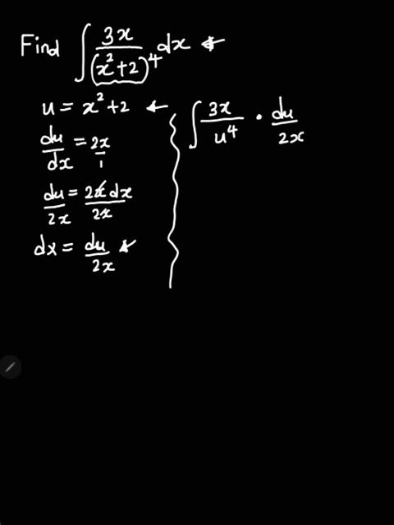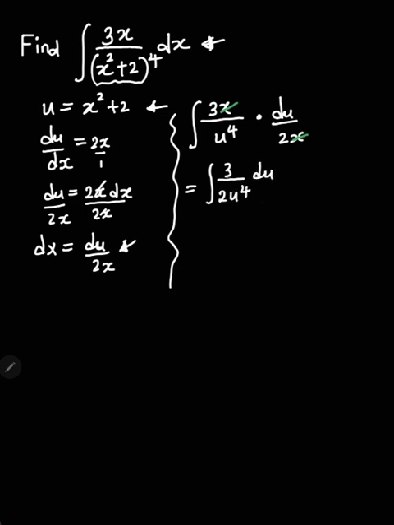Now you can see that the x here and that x here will cancel. So we now have everything in terms of u. So we're going to have the integral of 3, because the x is no longer there, divided by 2u to the power 4, then du.